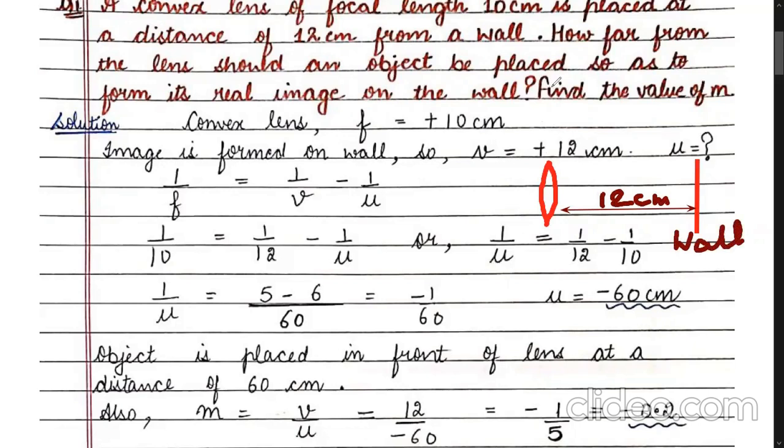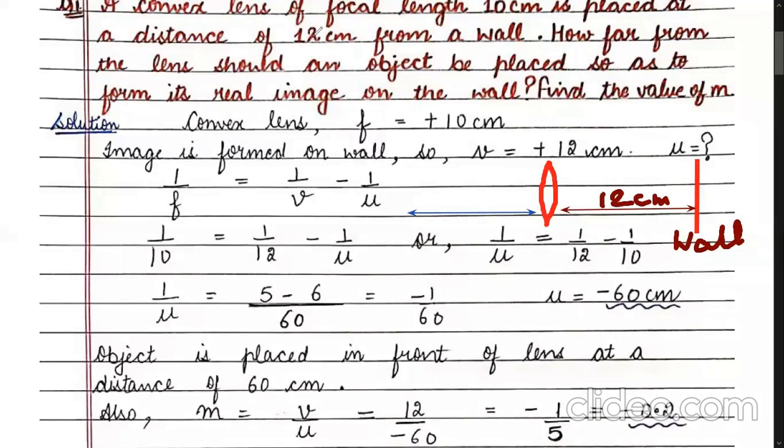Now the question arises further: how far from the lens should an object be placed so as to form its real image on the wall? They are asking where the object should be placed in front of a lens, such that the image is formed on the wall and the image formed is real.